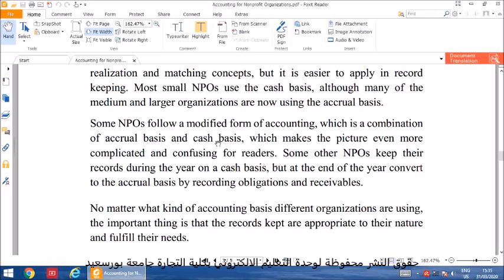Some other NPO keep their records during the year on a cash basis, but at the end of the year convert to the accrual basis by recording obligations and receivables. No matter what kind of accounting basis different organizations are using, the important thing is that the records kept are appropriate to their nature and fulfill their needs.